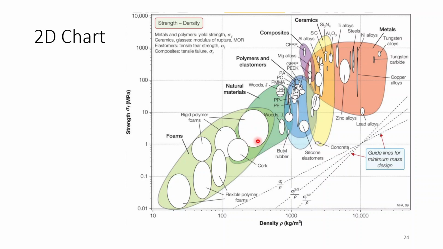So based on these, you draw these guidelines for the minimum mass design. So for example, if you want to reduce mass in a racing car, then you draw this guideline, and depending on that you define your search region.